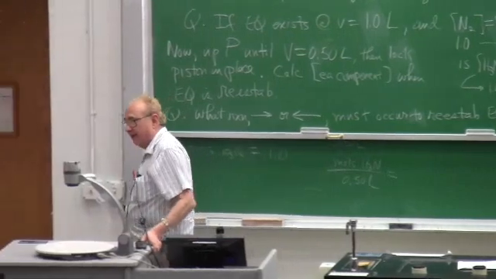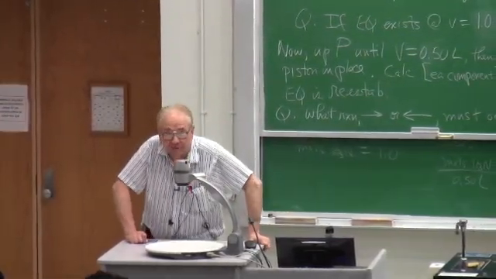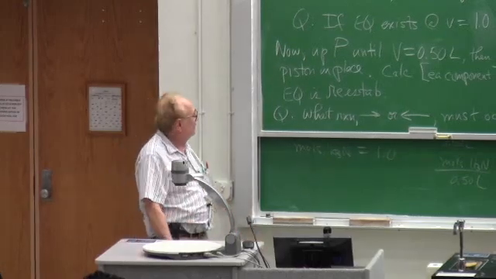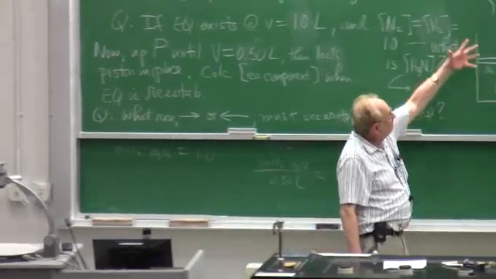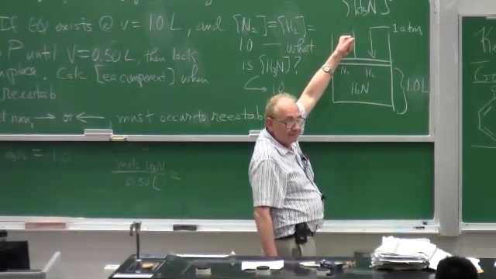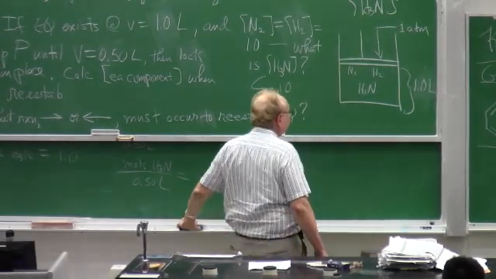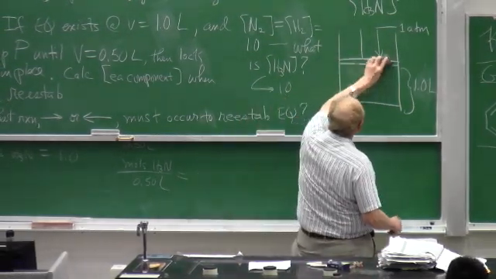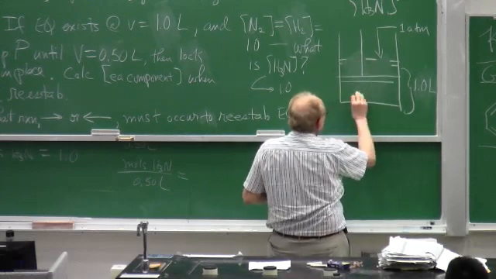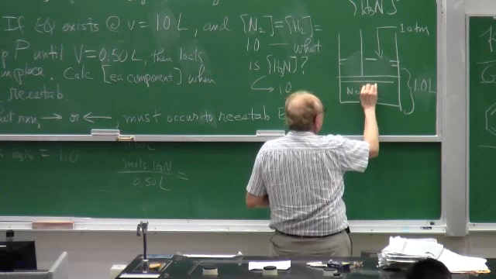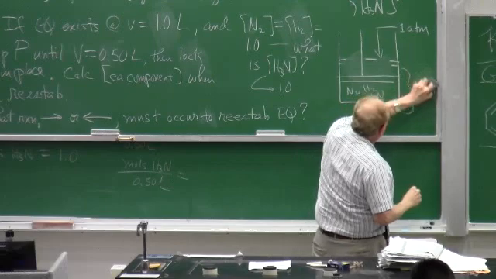So, again, as things stand, the numbers are very simple. Couldn't be simpler. Now I'm going to make a change on the system. I'm going to take a hold on the handle of the piston and squeeze in. Of course, nitrogen, hydrogen, and ammonia are still present.